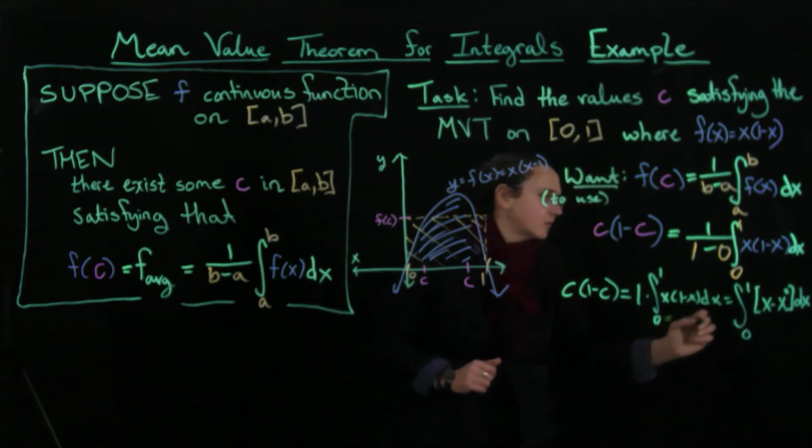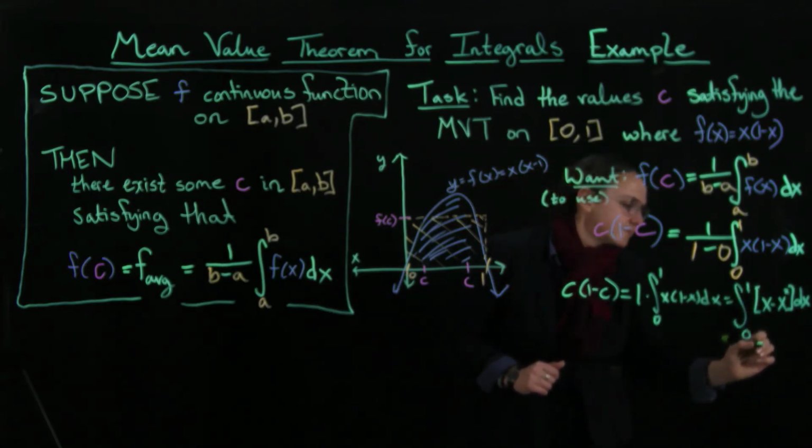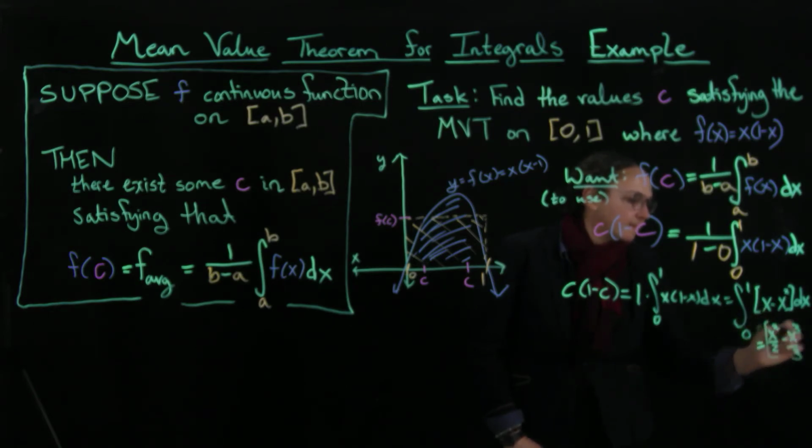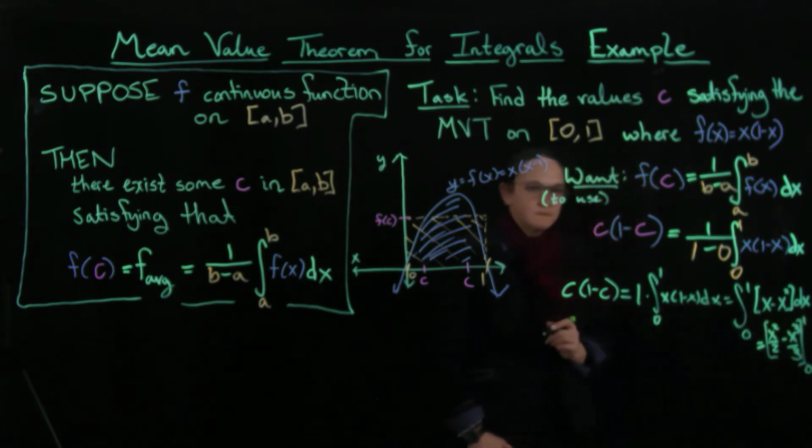So this is going to equal x squared over 2 minus x cubed over 3, evaluated from 0 to 1.